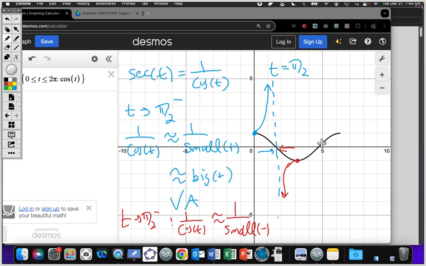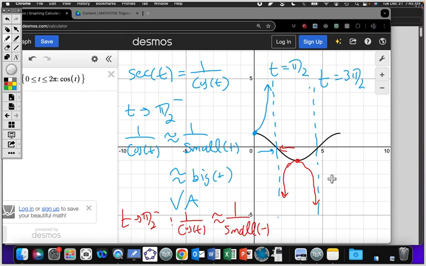And then the same thing is going to happen over here when I get to 3 pi over 2. Same thing's going to happen.